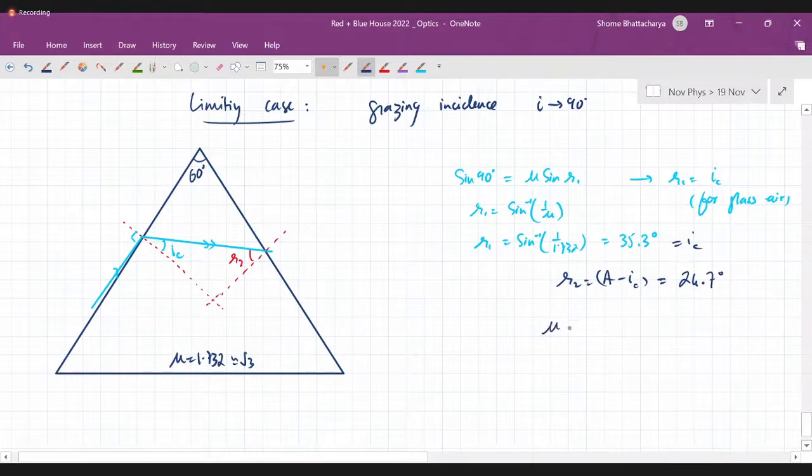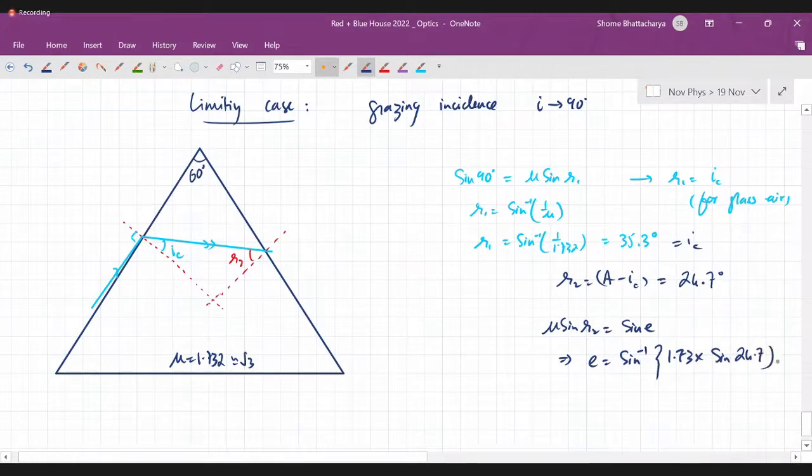So now mu sine R2 is equal to sine E. So let's see how much this works out to be.